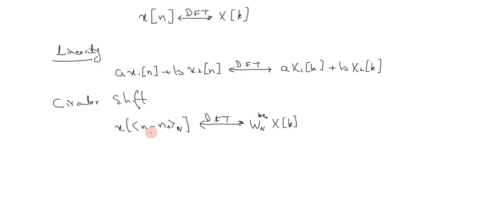The first thing is, this is not the linear shift that you have studied earlier, which is like x of n minus n naught. Here you are using angle brackets with a letter N. These angle brackets represent that you are circularly shifting your signal x of n by an amount n naught, and this x of n has a length of N.